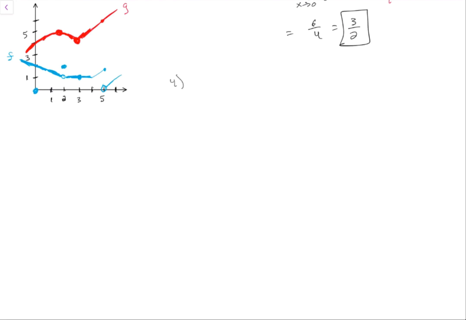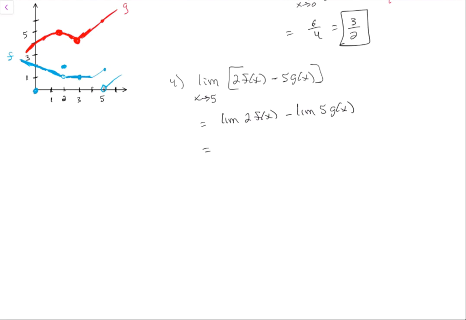Let's say number 4. We're going to take a limit of 2 times f of x minus 5 times g of x as x approaches 5. So again, we're going to use our limit laws here, and we're going to say this is the limit of 2 times f of x minus the limit of 5 times g of x.